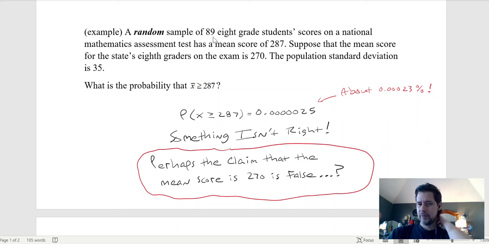Okay, so another random sample, 89 students' scores, had a mean score of 287, okay? And the population mean is still 270 with the standard deviation of 35. So here, what are the odds of getting a number in this range? Say, not just 287, but 287 or greater, okay?